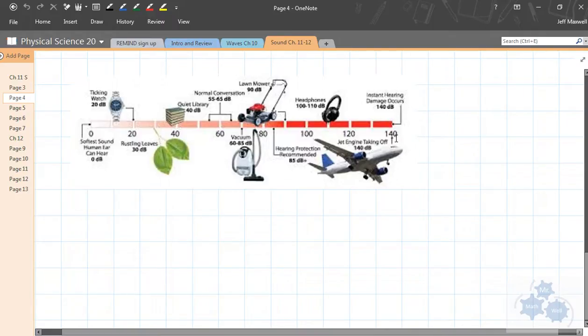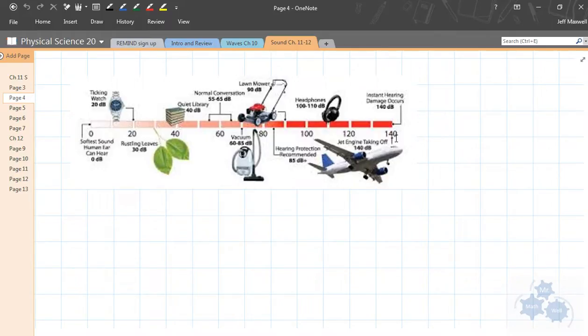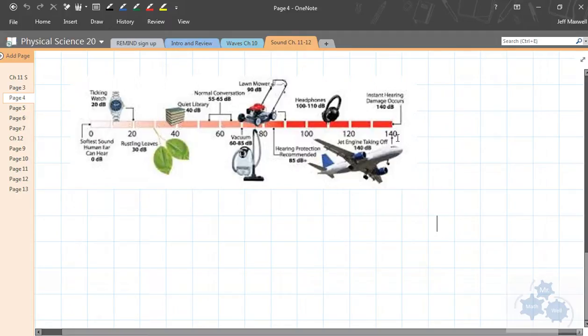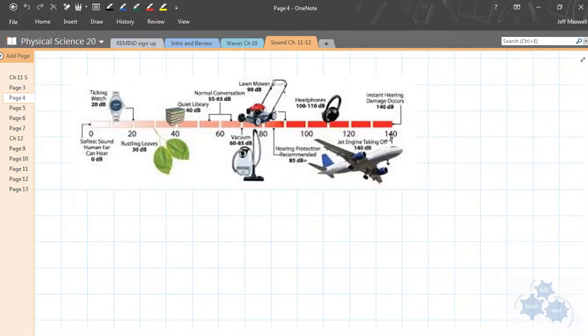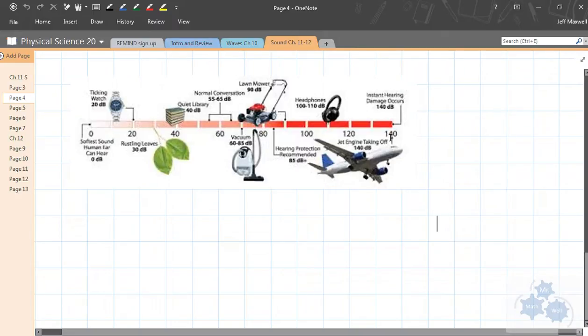That is enough energy that your eardrum will vibrate so much it'll just break apart. It won't be able to handle it. So that's not good. When a jet is taking off, that sort of thing, you have to be very careful. And interestingly enough, a wind tunnel, where they test for aerodynamics and send the smoke over the shape of the car, if you were actually in there, is super, super loud.